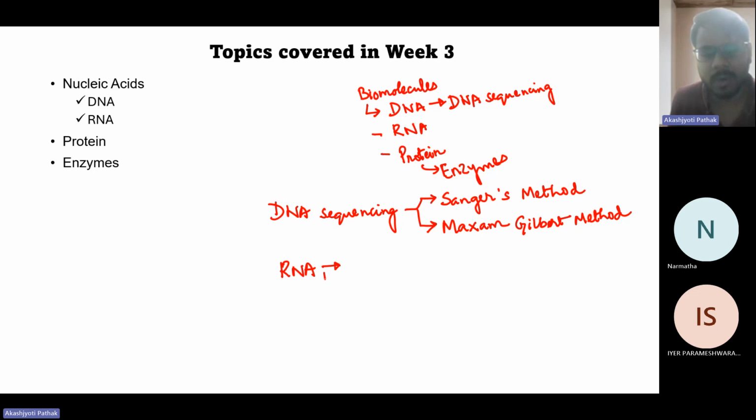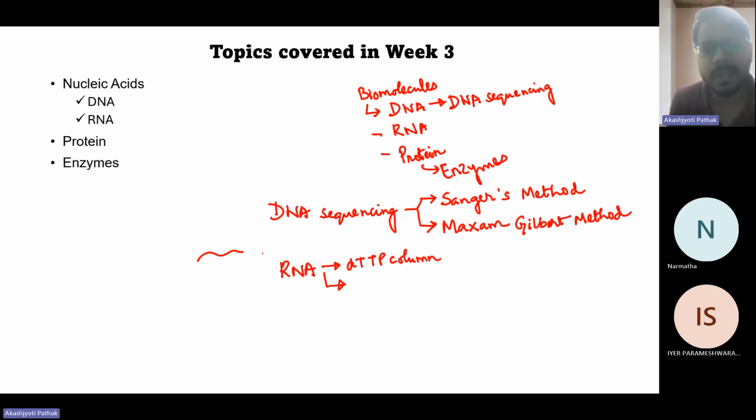There were two methods by which we can isolate or purify RNA from cells. One is the oligo dT column. In RNA we have three different types: mRNA, rRNA, and tRNA.